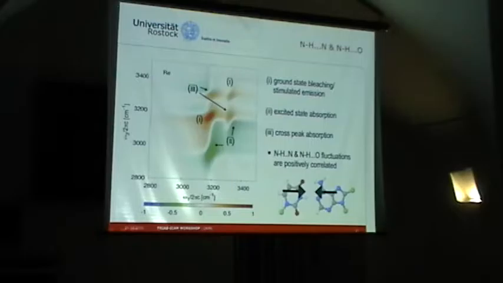There's a question: is this done from just the rephasing side? This is just the rephasing. Okay, that just helps me interpret the degree of elongation. Yeah. Okay, so the preferred mode of correlated fluctuations, as I said, is such that both hydrogen bonds get shorter and longer at the same time.